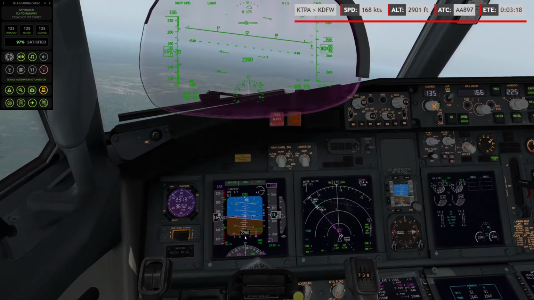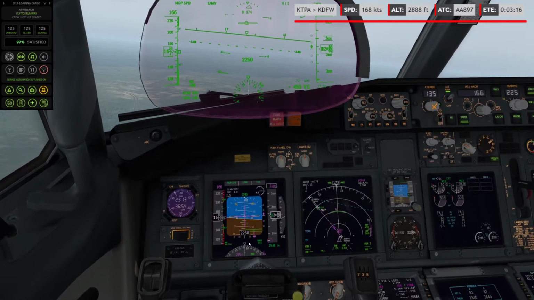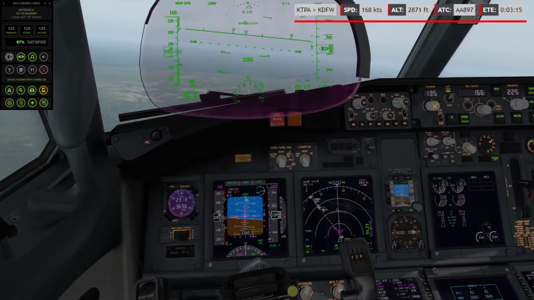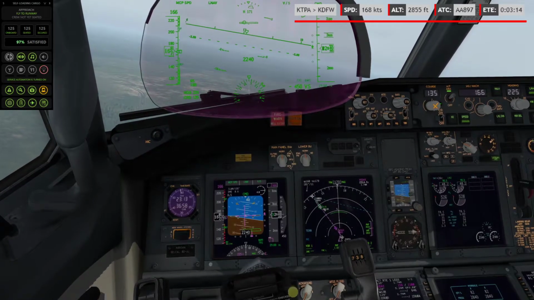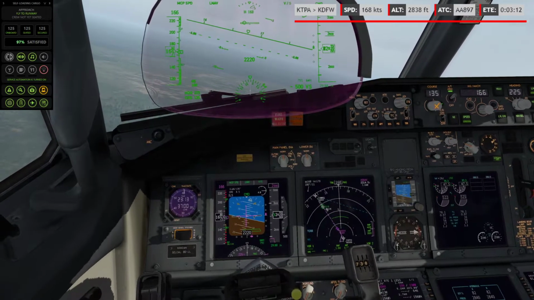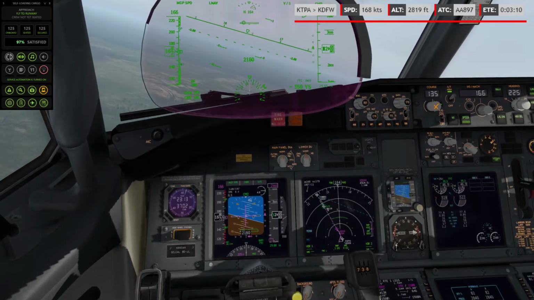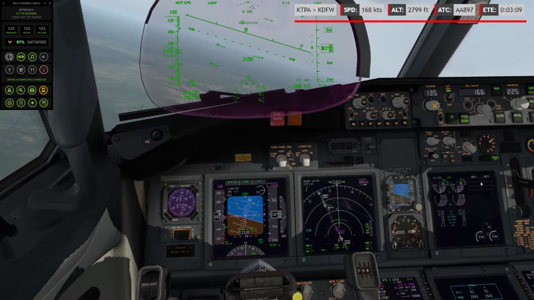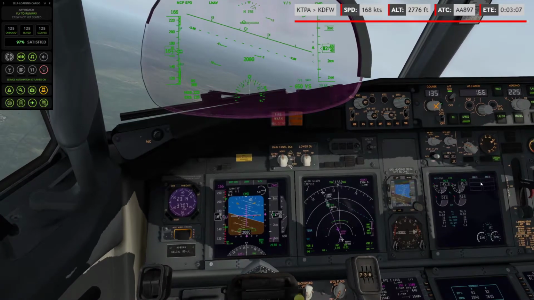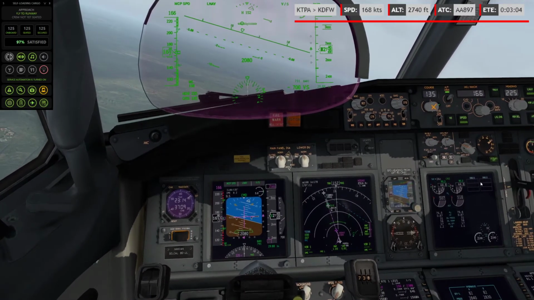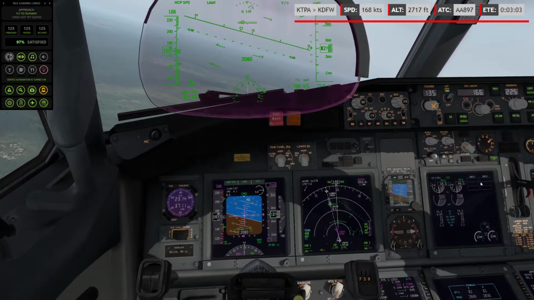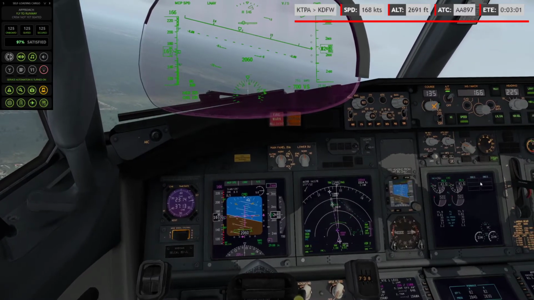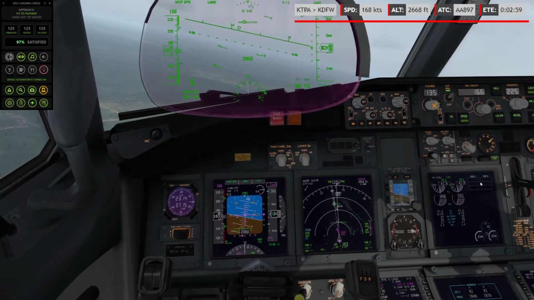And then once we capture the localizer, we can go approach. Alright, we overshot it a little bit, but it will be coming back.